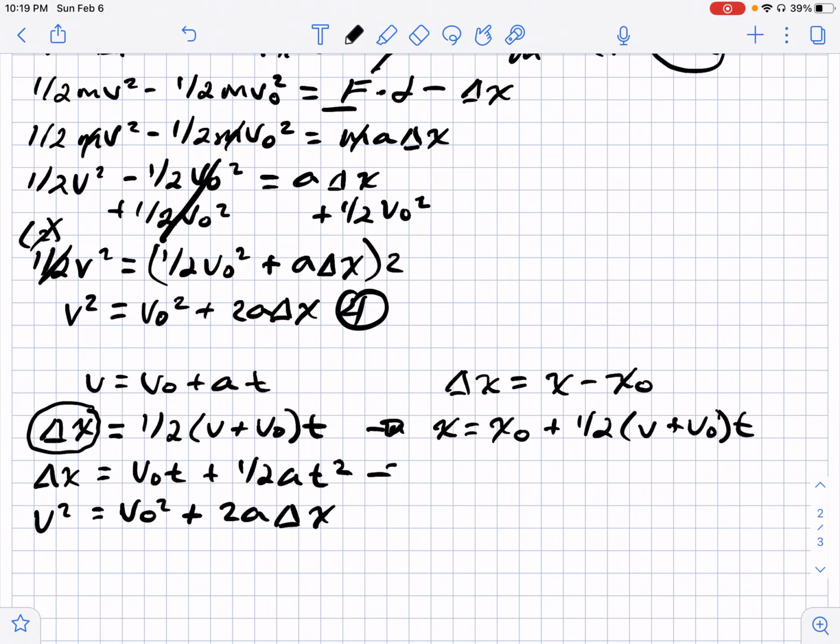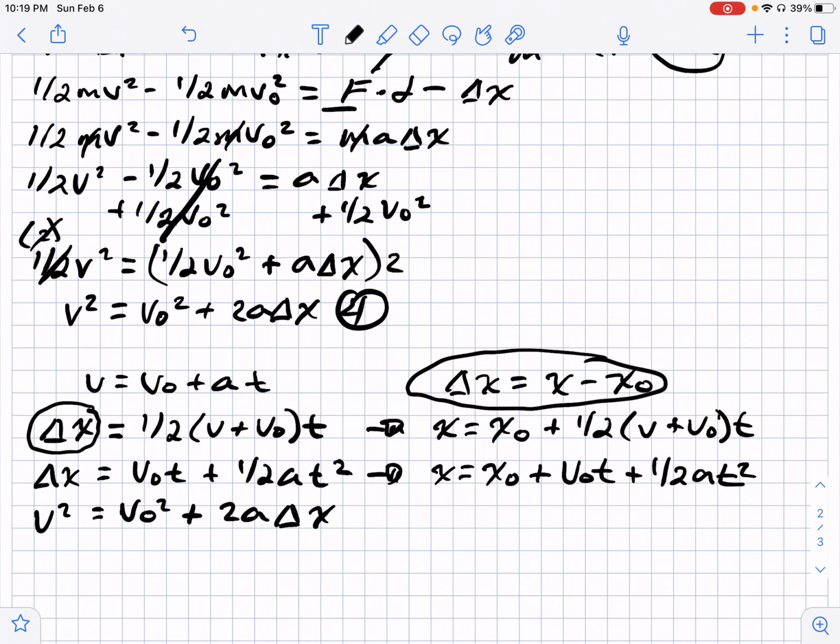Or for this one, on your equation chart, it'll say x equals x naught plus v naught t plus 1/2 a t squared. They're the same equation. The equation chart just breaks it up into your final and your initial displacement there.